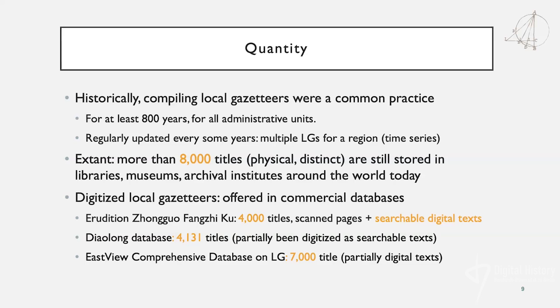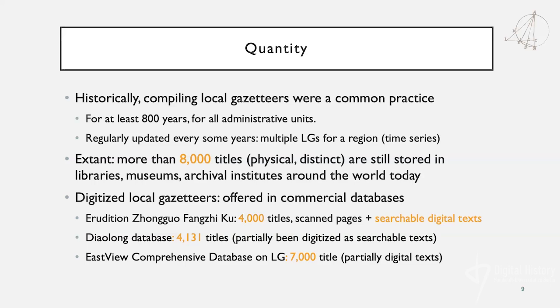And we are not talking a couple of hundred here and a couple of hundred there. We're talking about 4,000 in one collection, and another 4,000 in another collection, and another 7,000 in another collection. Of course, you see these numbers and realize they are overlapping.